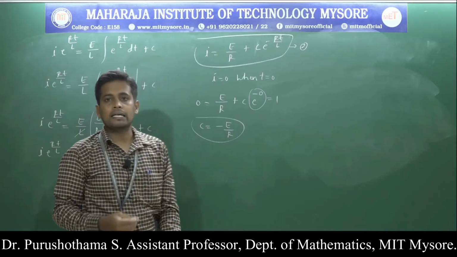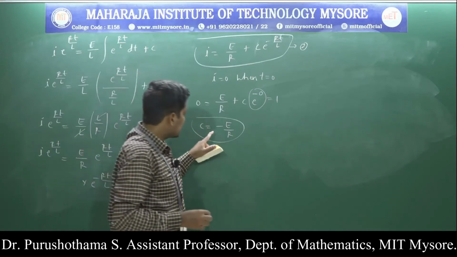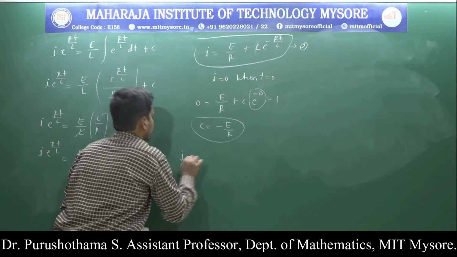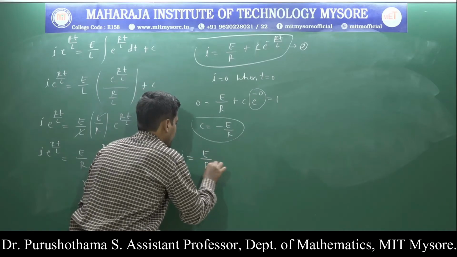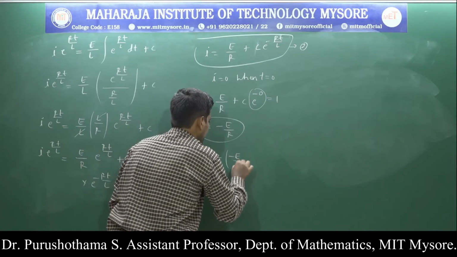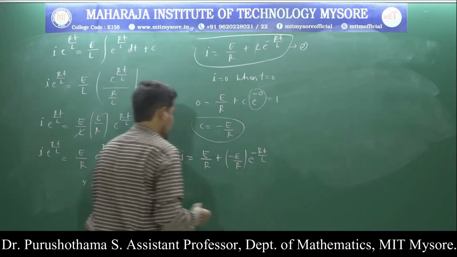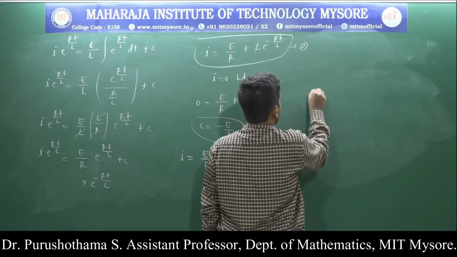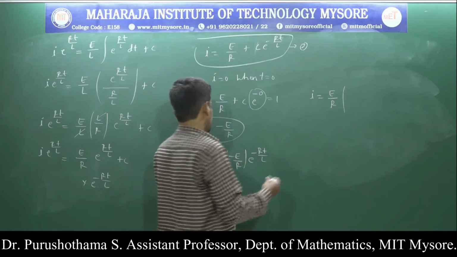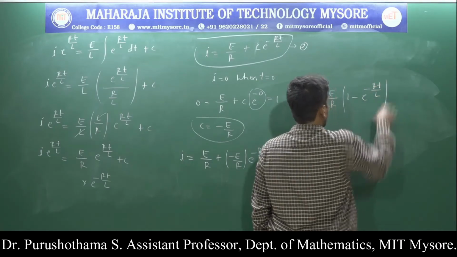Therefore c = -E/r, this is the integral constant value. Using c in equation 2, I = E/r + (-E/r)·e^(-rt/L). Taking E/r as a common factor, the remaining value is 1 - e^(-rt/L).